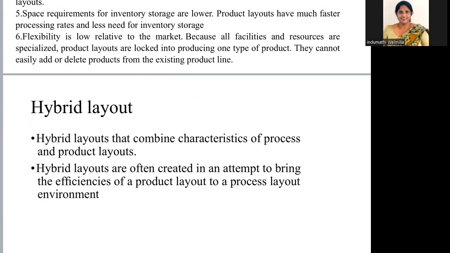As an example, we can say a supermarket with a cafeteria, a supermarket with a canteen or restaurant. If it is the supermarket, most probably its layout can be the process layout.